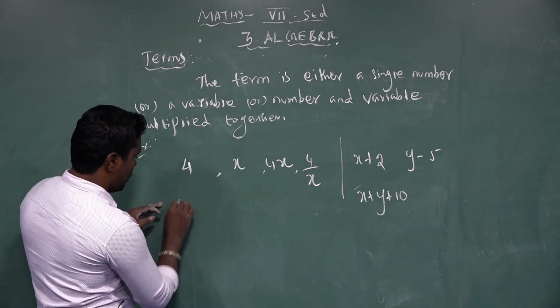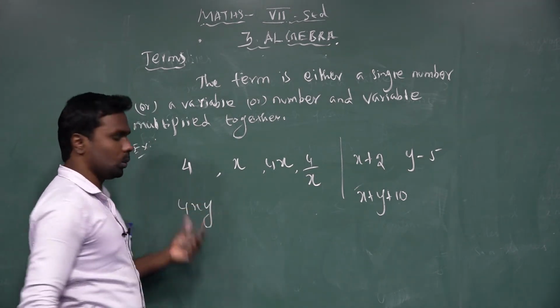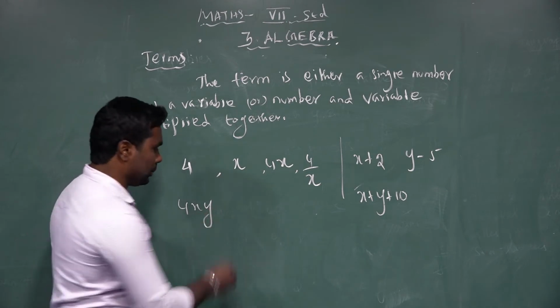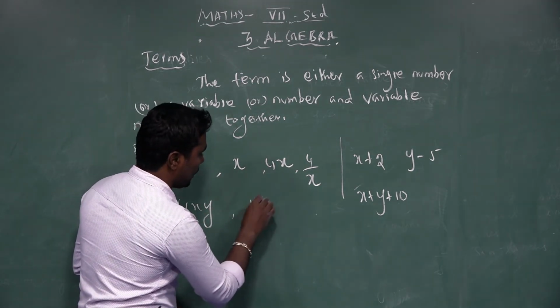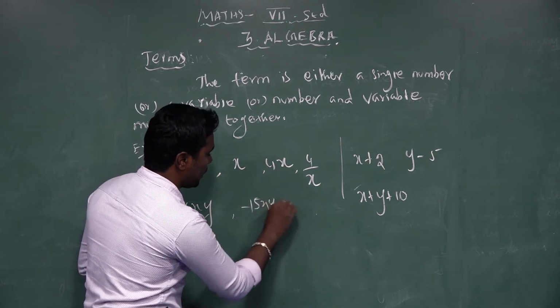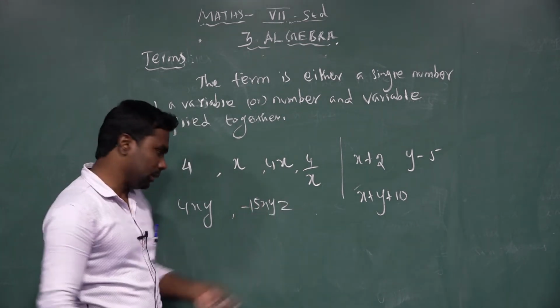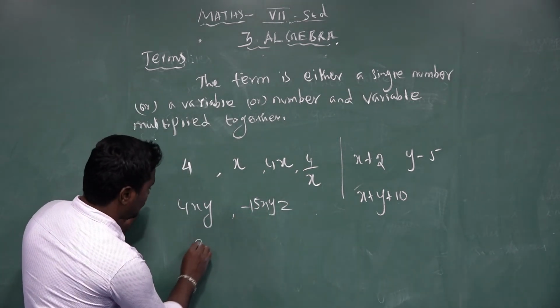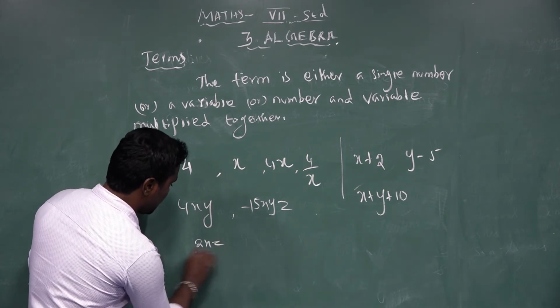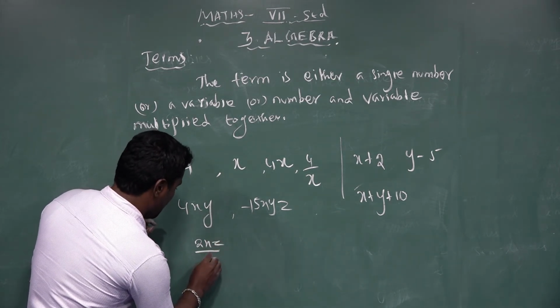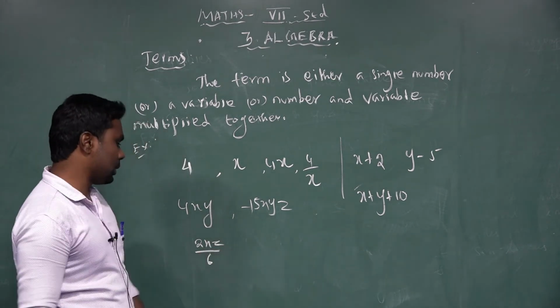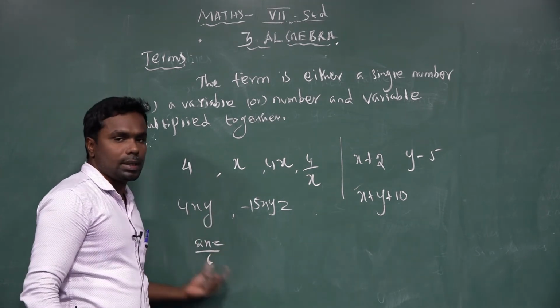So 4xy is a single term. 15xy is also a single term. 2x by 6 is also a single term.